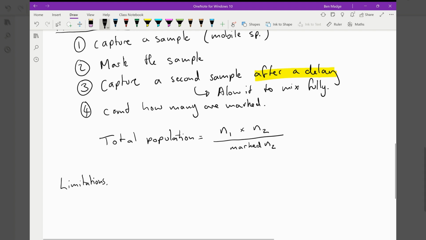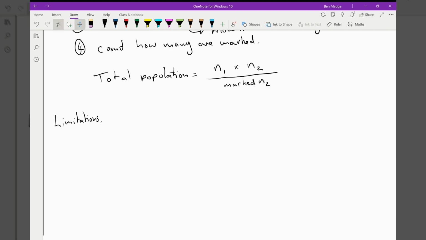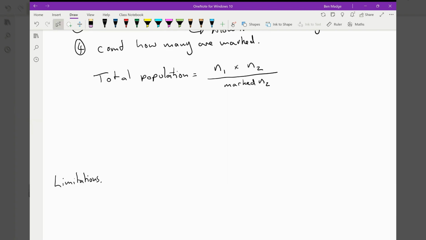So, for example, I capture 5 woodlice. These are my woodlice. I capture 5 of them.